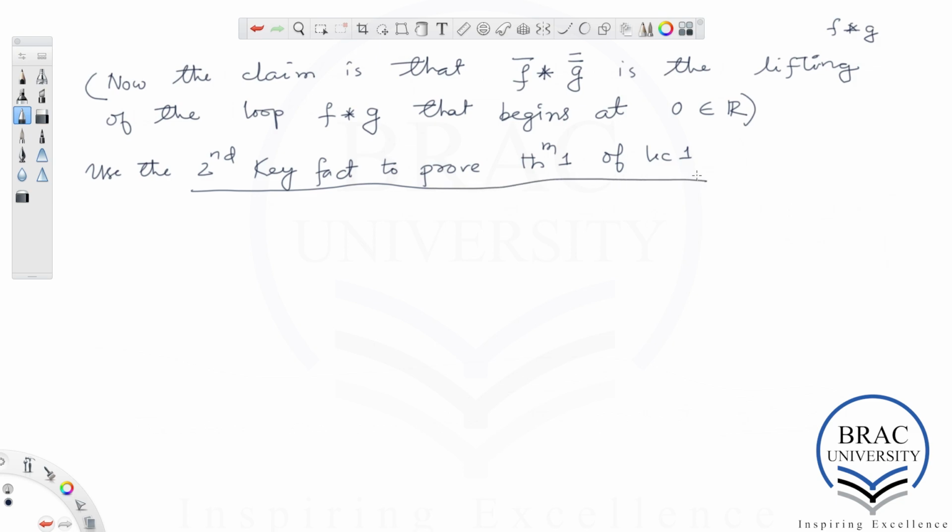One immediately finds after applying that second key fact that P composed with F bar star G double bar is equal to the product of P composed with F bar and P composed with G double bar.